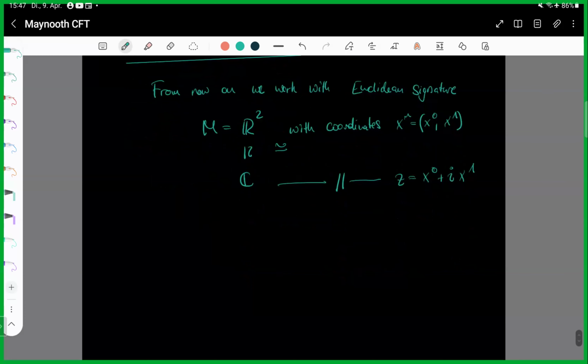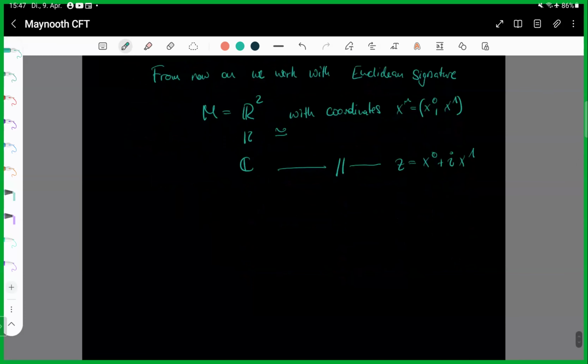Which we're just going to call z equals x0 plus i x1. Now we can go back to the table that we had before. Before we had d dimensions, and now we can be a bit more concrete. I'm going to draw the same table as before.